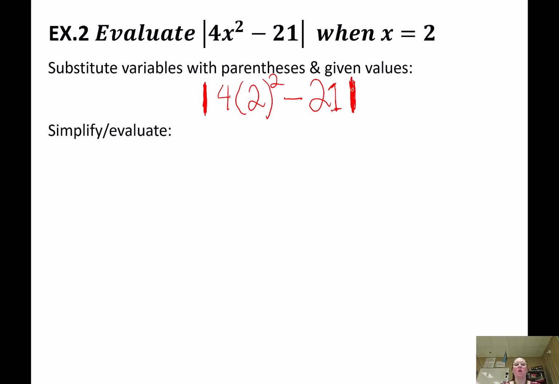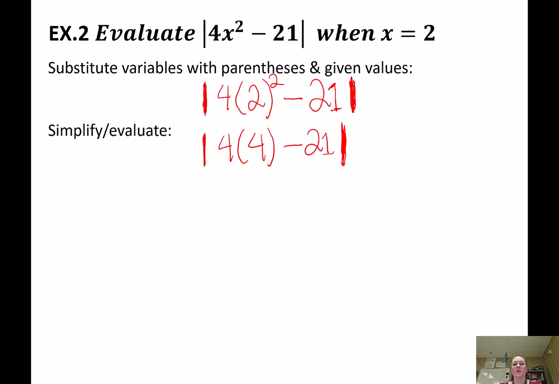First thing I want to do is work order of operations to simplify this, and I do have an exponent inside my absolute value, so 2 squared is 4. So I get 4 times 4 minus 21.